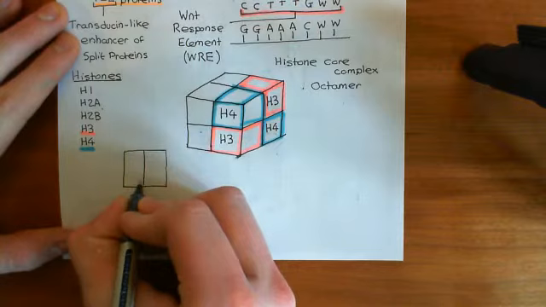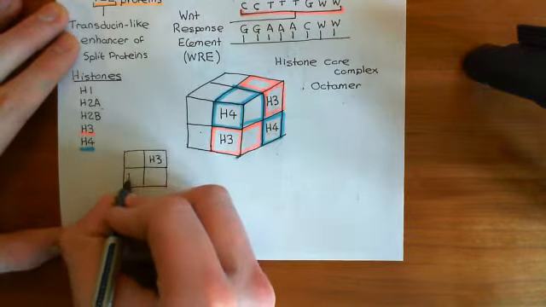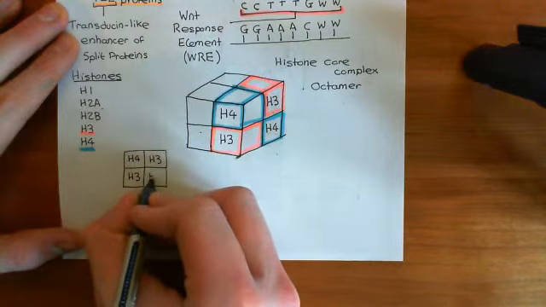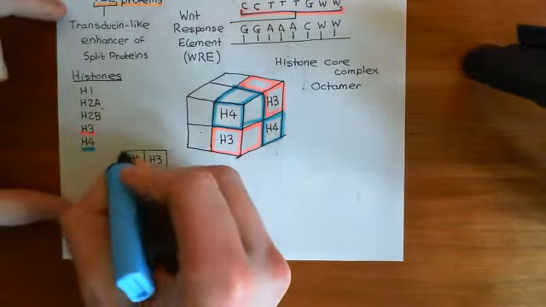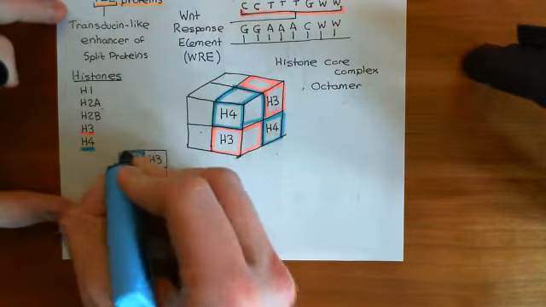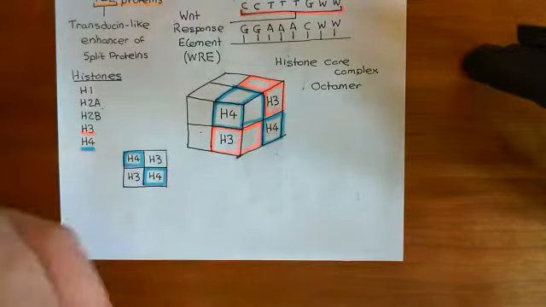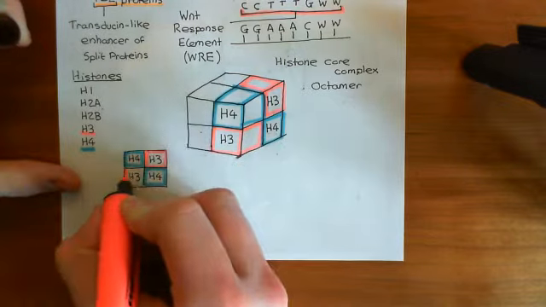Okay, so it is this tetramer, meaning a 4-membered structure, containing 2 histone 3 histones and 2 histone 4 family histones, like so. Okay, so we'll once again colour the histone 4 proteins in blue here, and then we'll have the histone 3 proteins in red here.